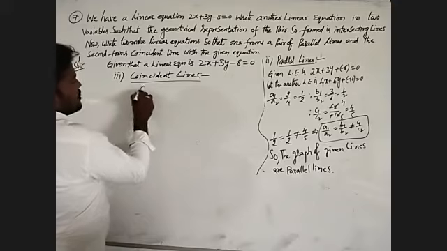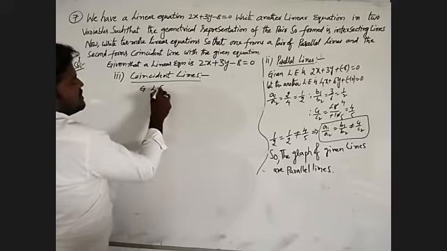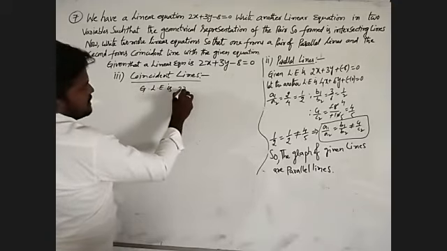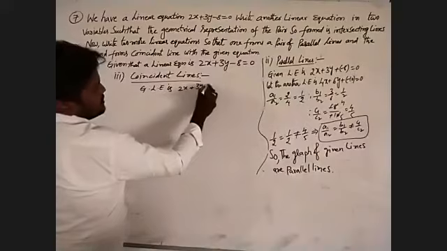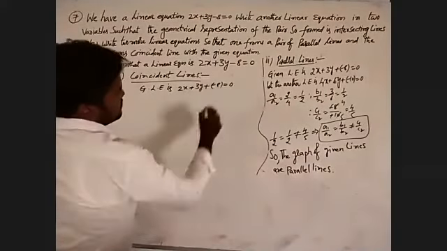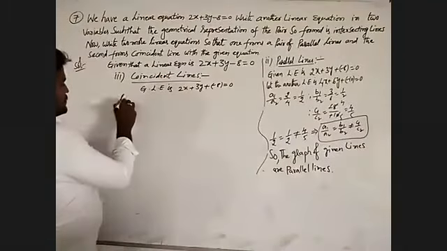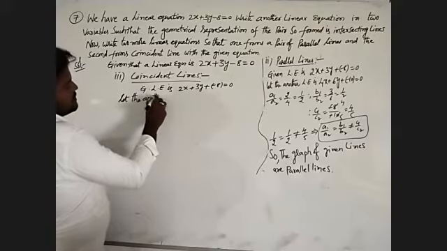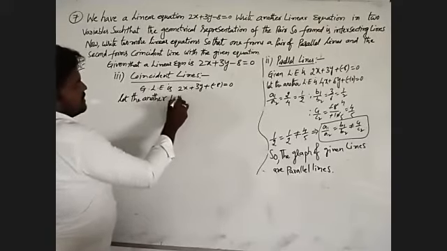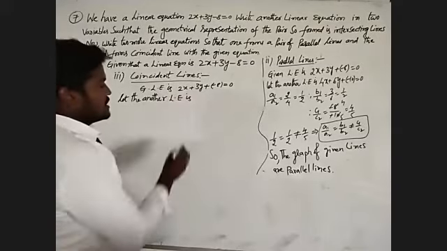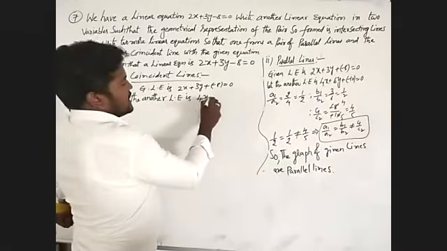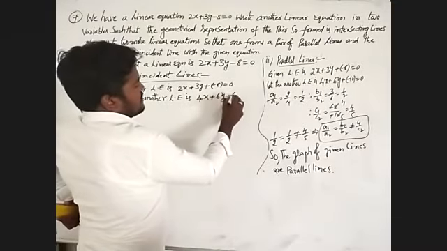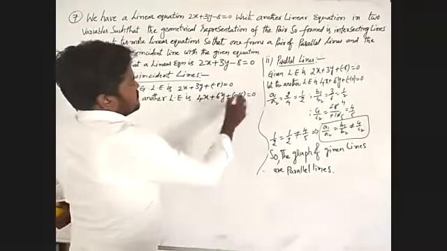So first I have to write the given linear equation: 2x plus 3y plus minus 8 becomes 0. Let the other linear equation be 4x plus 6y plus minus 16 becomes 0.